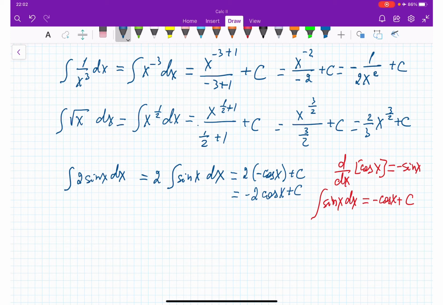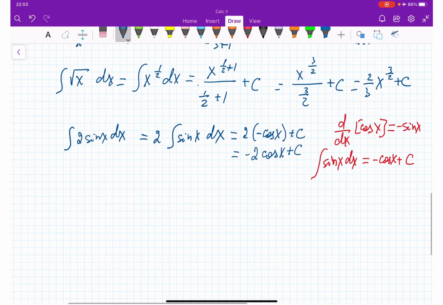Okay, let's solve the next one, a couple of easy ones, and then we'll start using methods. Let's get warmed up and familiar with the integrals.